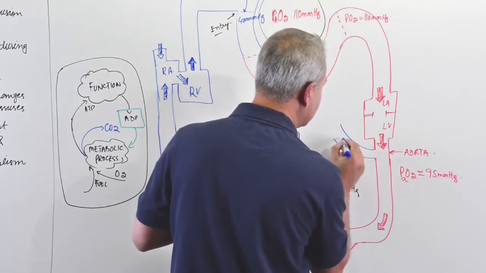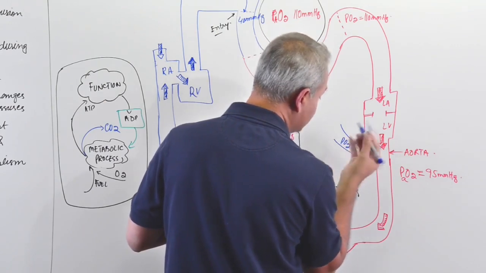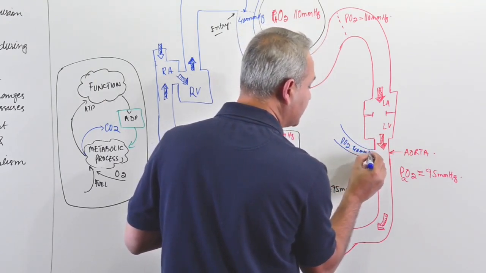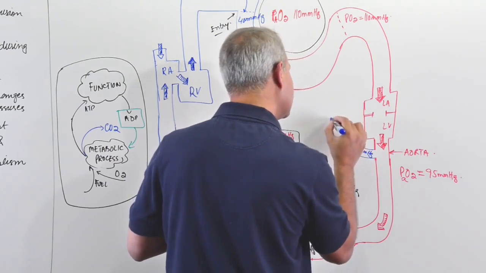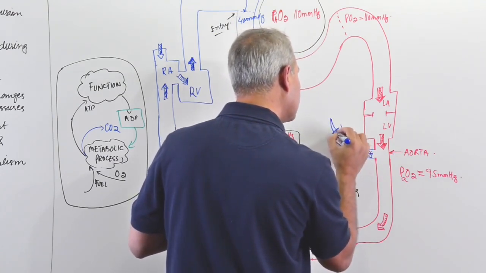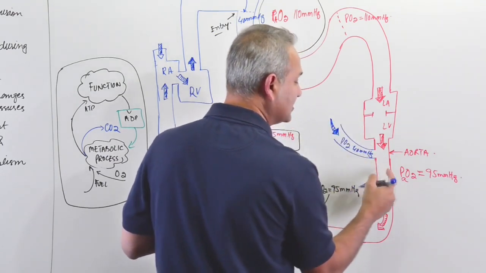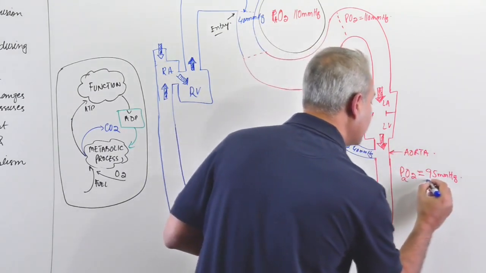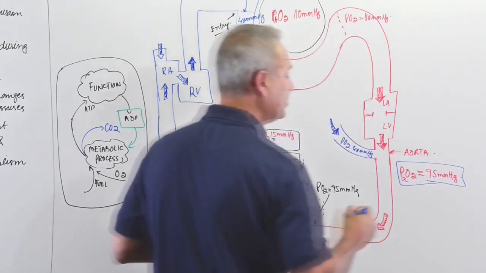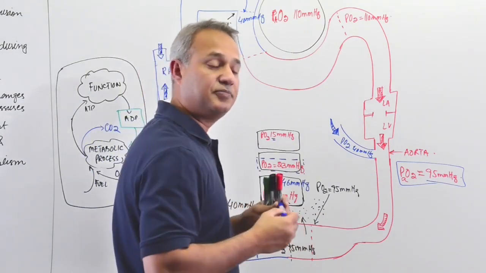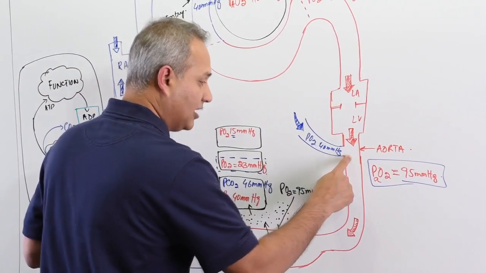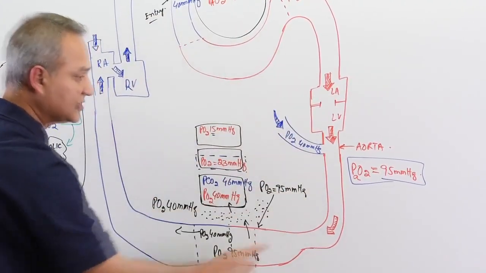When it returns, it brings in 2% of the blood that has PO2 of 40 millimeter of mercury. This blood, when it mixes with the 110, we end up with about 95 millimeter of mercury arterial PO2. Okay. So now once again the circuit continues and this continues to happen.